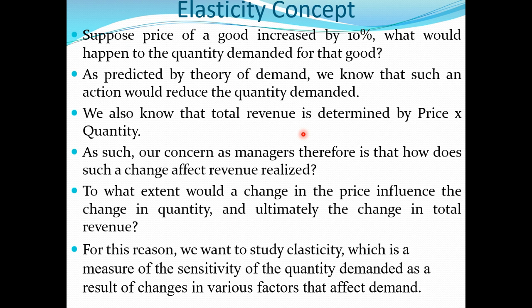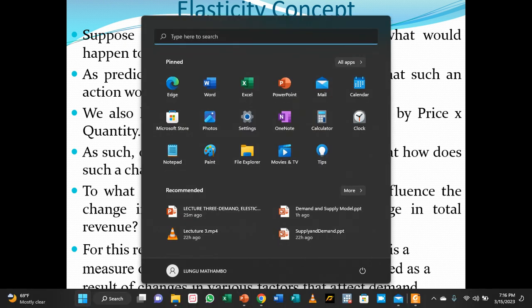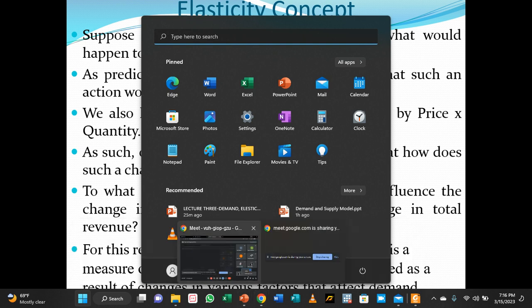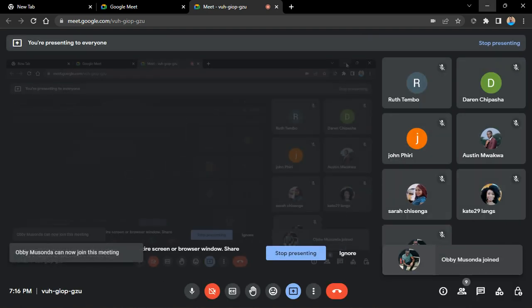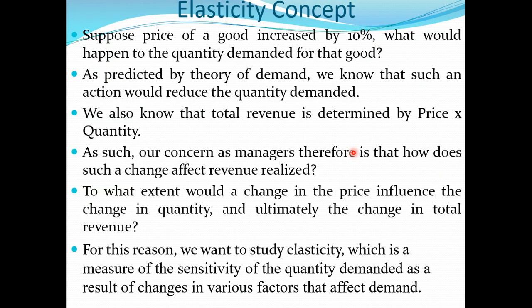Let's say, calculate the elasticity of demand, calculate the elasticity of income, calculate the cross elasticity of good X and good Y. A very good example is question 6 in the assignment, which is based on elasticity.